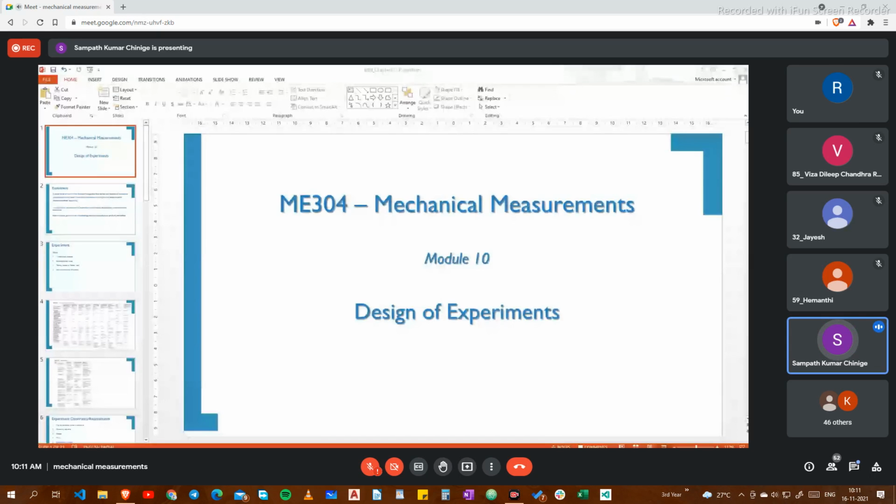That means we are trying to vary the input variables of a process or system, and observing the output for the varying inputs, and explaining the reasons for those changes in the output responses logically.